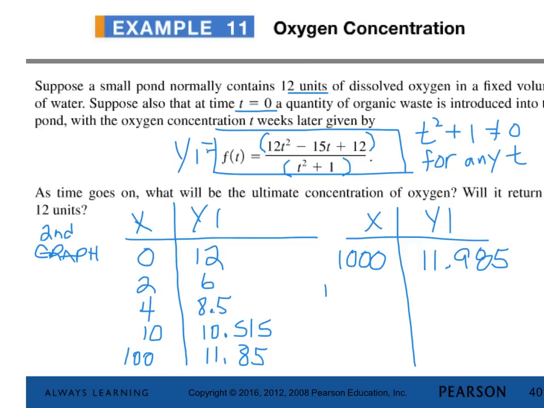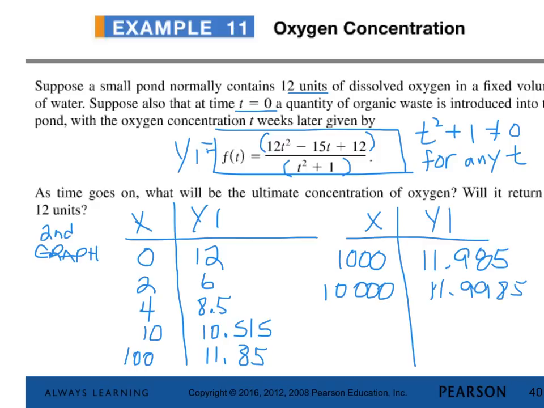If we go 10,000 weeks, which means t equals 10,000, then f of 10,000, 12 times 10,000 squared minus 15 times 10,000 plus 12, divided by the quantity 10,000 squared plus 1, we're up to 11.9985.